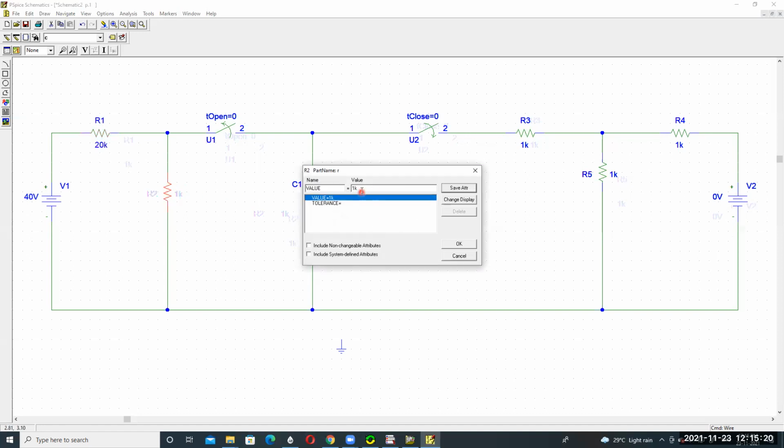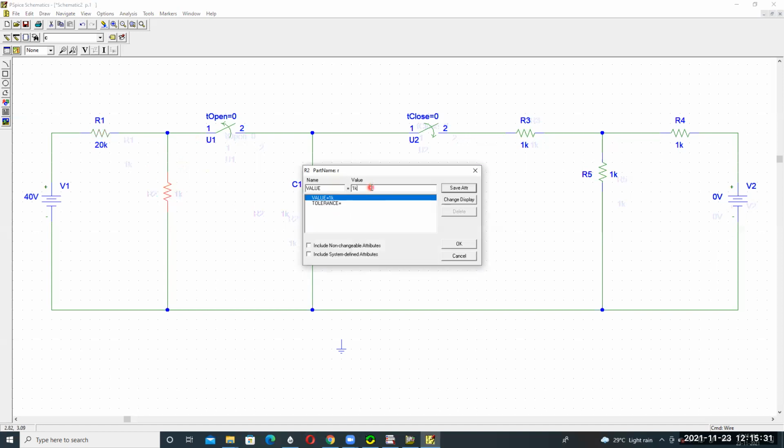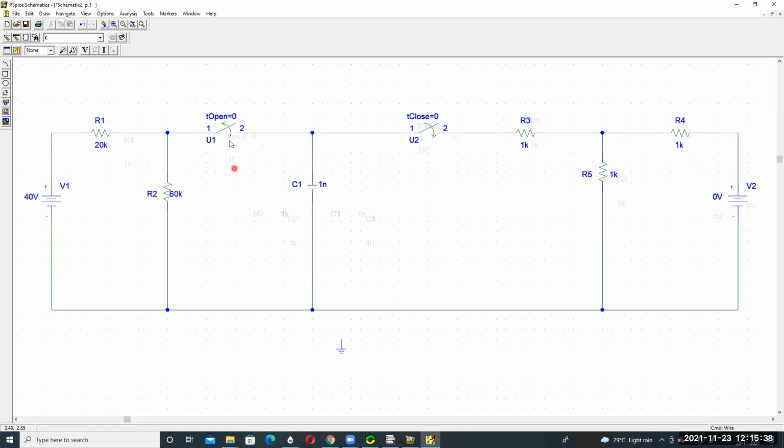This is 60K, 60K, not 60. And time open is after 50 milliseconds. Take 50 milliseconds, which is above the time constants.